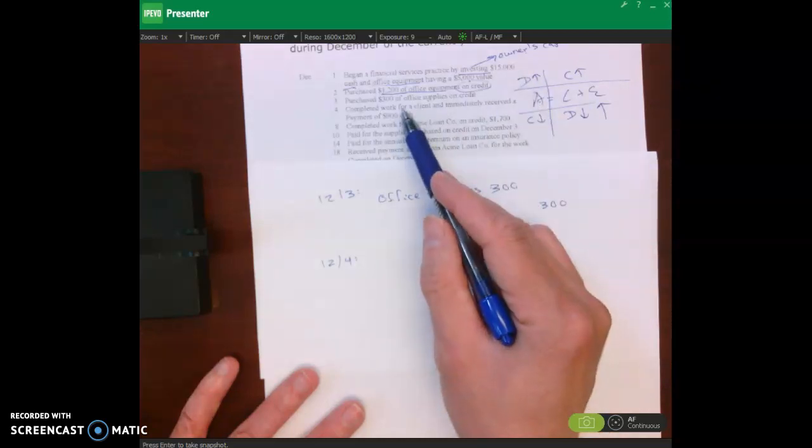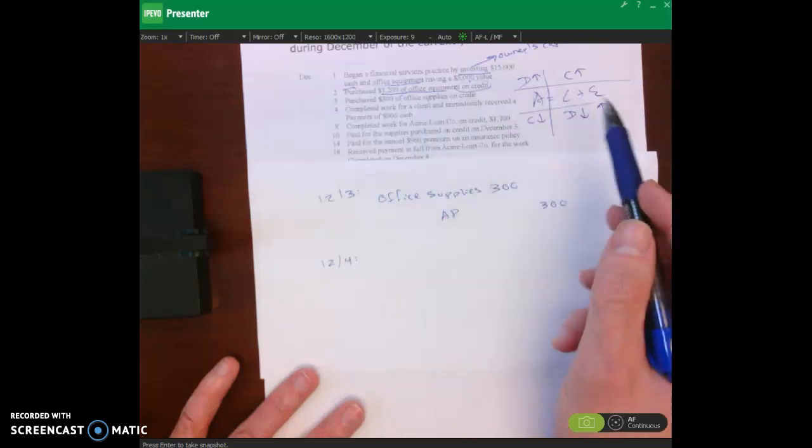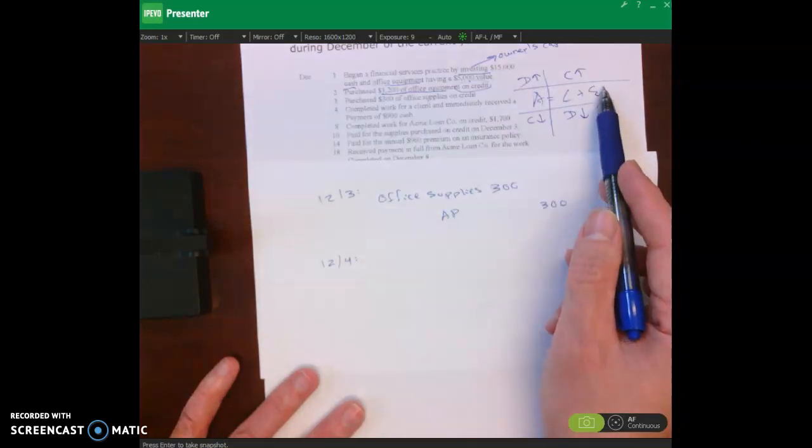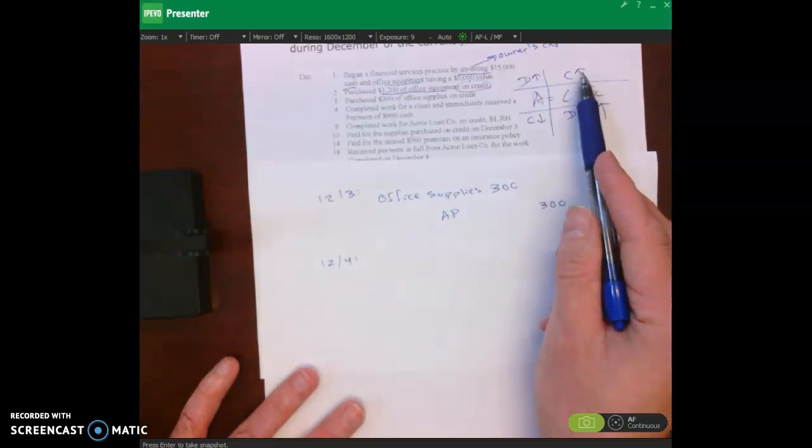I completed work for a client, which, think about what that means. It means I made a sale. It means I've generated revenue. Where does revenue fit in terms of the accounting equation? Remember, revenue increases equity. And how do I recognize an increase in equity with a credit?